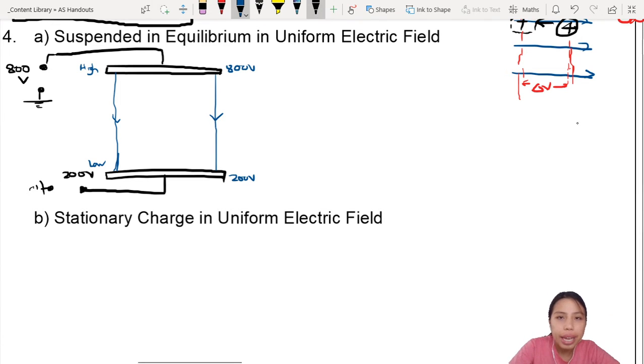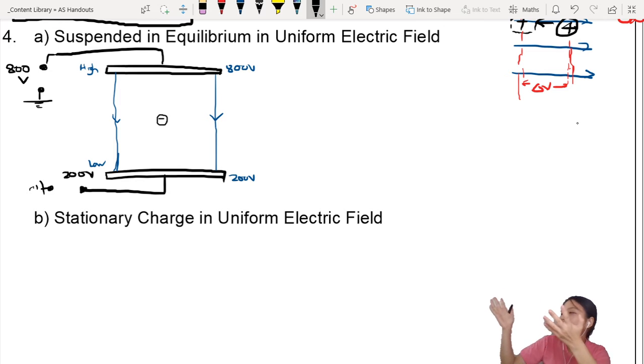Now, let's say I put a charge in between these plates, and let's make it a negative charge. There is a chance that this charge will just float there and never fall down. Why is that? Because there's a way to adjust this so that it becomes an equilibrium.